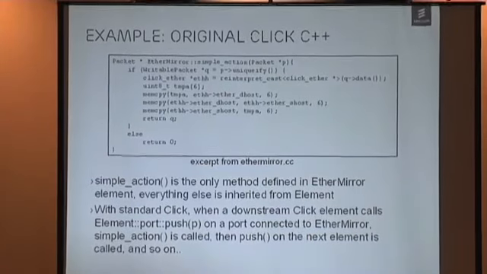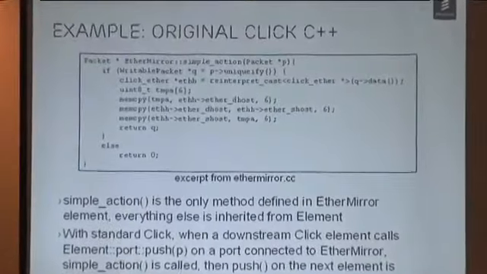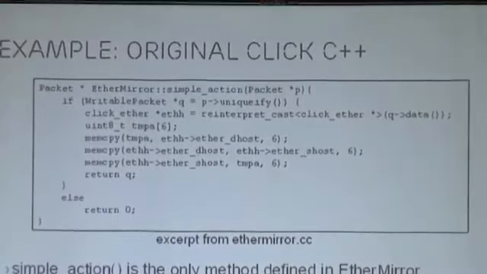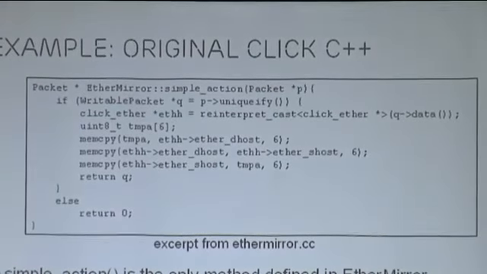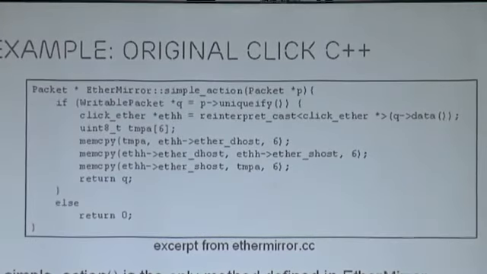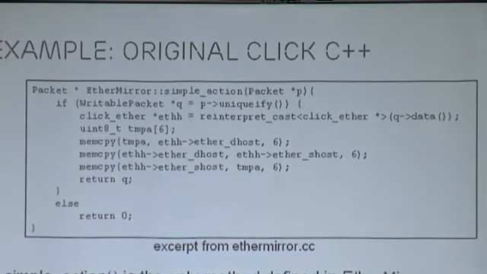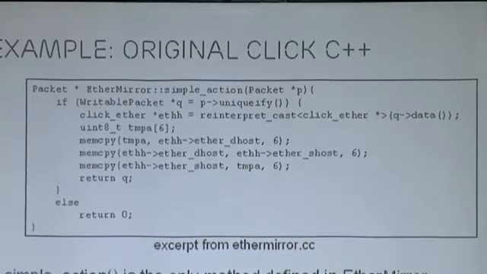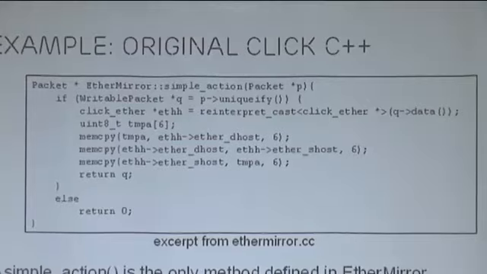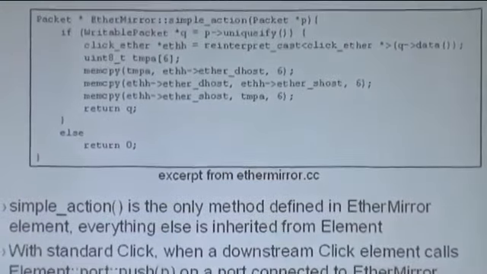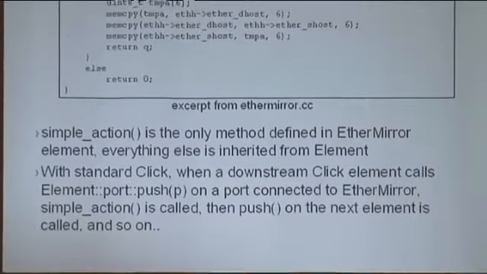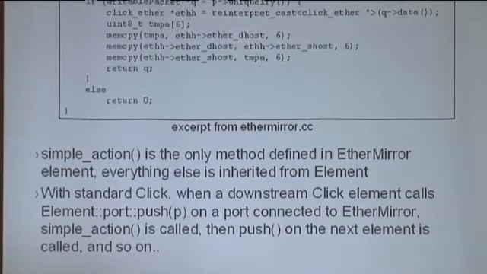This is the original C++ definition of the code, unmodified. This module implements a function called simple action. It is a virtual function that any element with a single input and a single output can implement, and just performs a modification of the packet and passes it on.